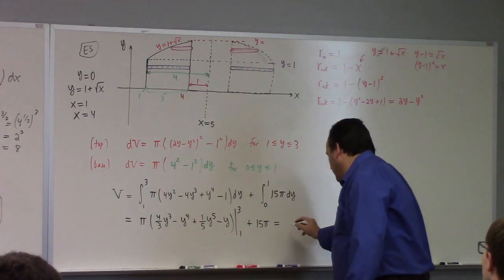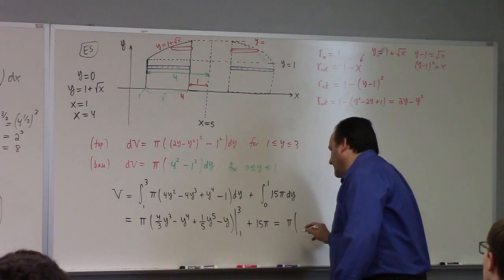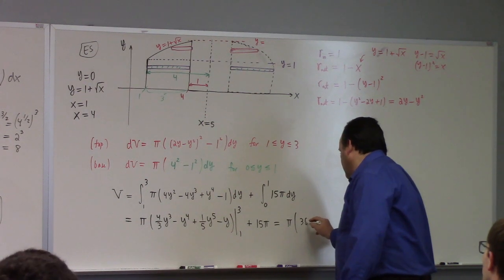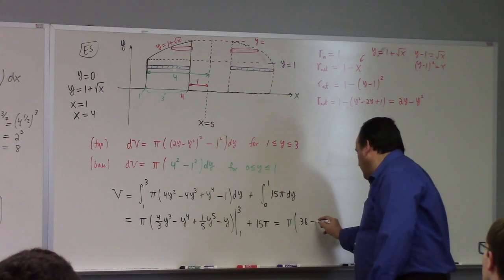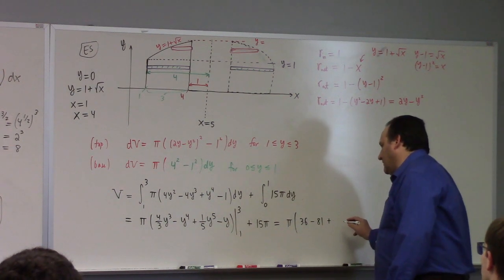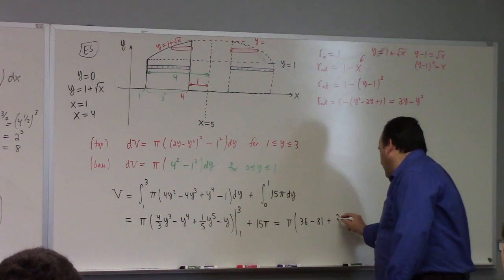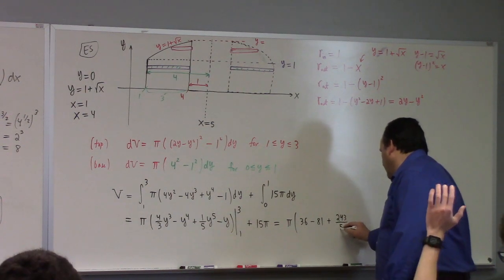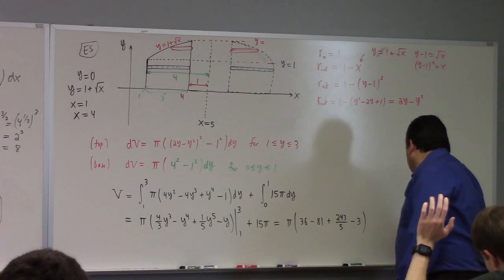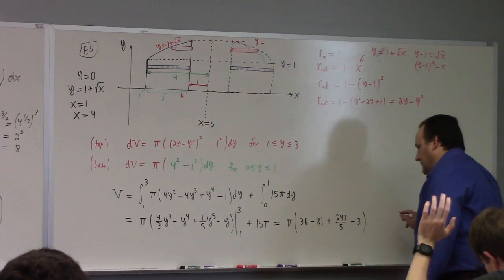Right, so we've got pi times, that's 27. 27 over 3 is 9. 9 times 4 is 36. And then minus 81. 3 to the 5th power, 243 over 5. Minus 3. Goodness gracious.